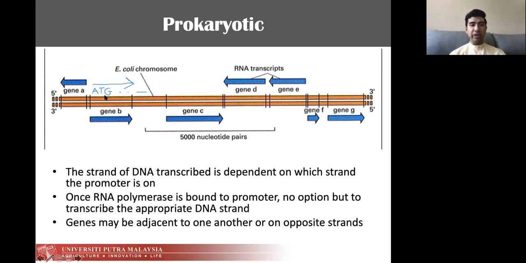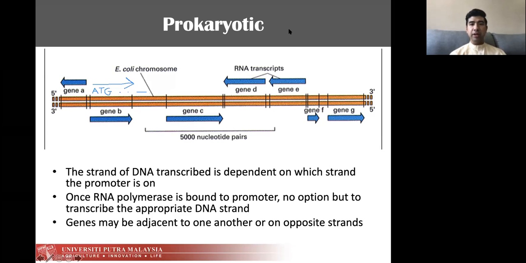Okay, this is your coding sequence. The complementary strand of this sequence will be the template sequence, whereby your RNA polymerase would bind. All right, clear. However, in reality, it does not always head from 5' to 3'.